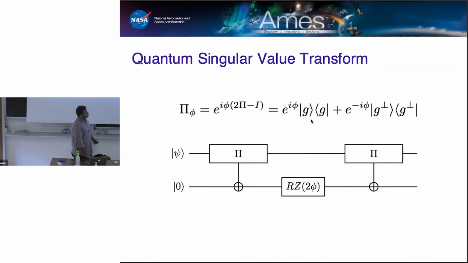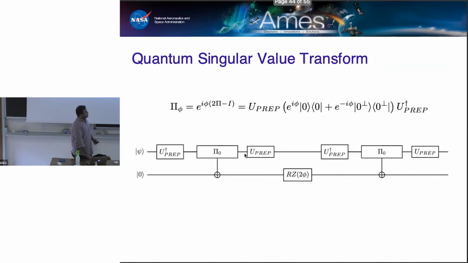Well, we know it's a projector on G, and we know how to prepare G, because G is just given as U prep times 0. So now all we need to do is this reflection operator, or rather this projector that includes those white circles on all the qubits. It's conditioned on all those qubits being in the 0 state and then applying a NOT gate. And then I'm just sandwiching both of these with a UPrep dagger and a UPrep.